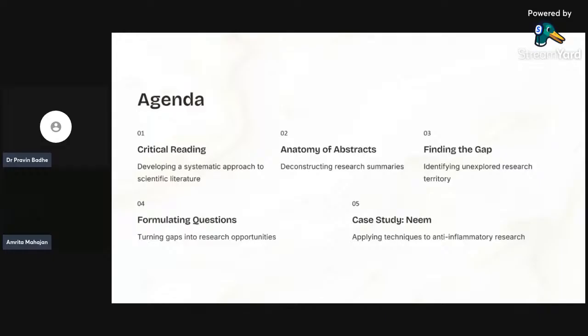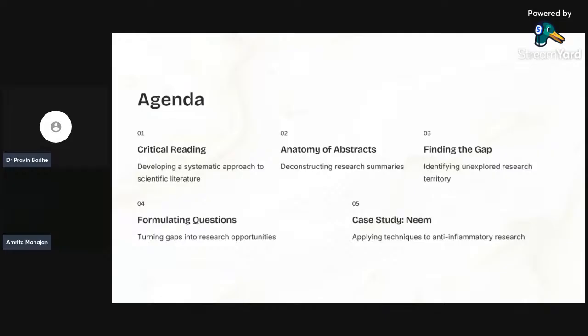Today's agenda will be critical thinking at first: how to develop a systematic approach towards scientific literature, how to read the whole structure and anatomy, and how to deconstruct abstracts.